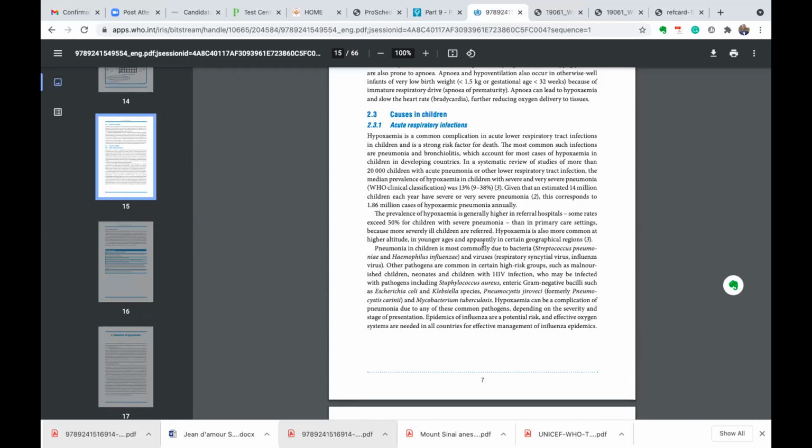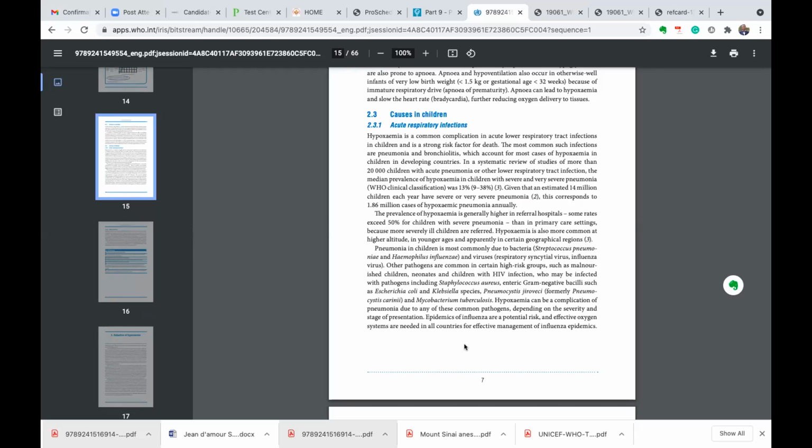The common causes of pneumonia in children are Streptococcus pneumoniae and Haemophilus influenzae, viruses as well, including respiratory syncytial virus and influenza virus. You may think about a high-risk group, including malnourished children, children with HIV, and people with TB.